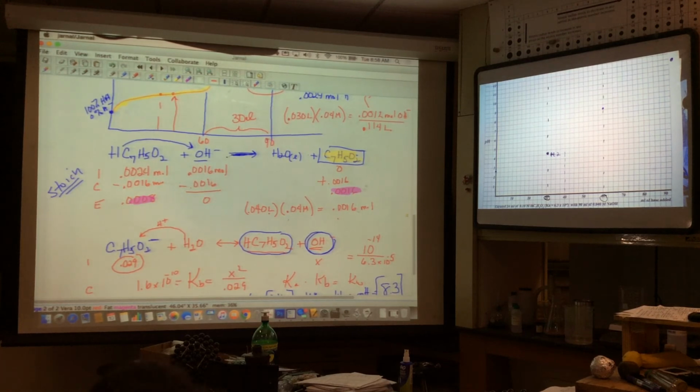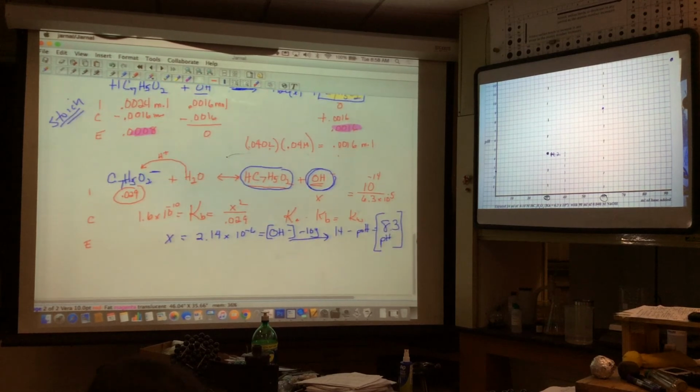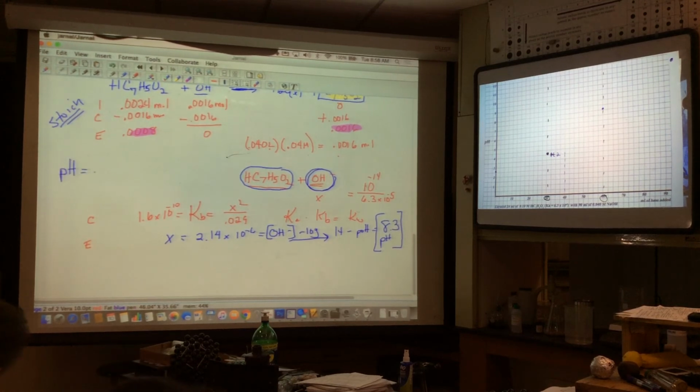Now we could do equilibrium, but that means I have to go into a molarity. We could do all that, but why don't we just make our life easy and Henderson-Hasselbalch it away? Just to make some room here, I hate giving equations. What do we know? pH equals the pKa plus the log of the conjugate base over the conjugate acid.